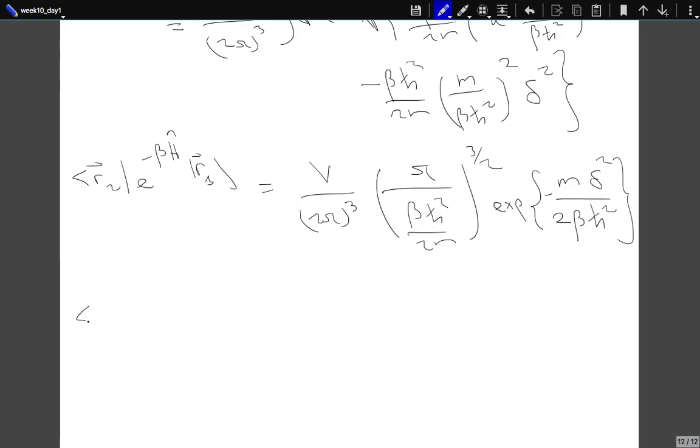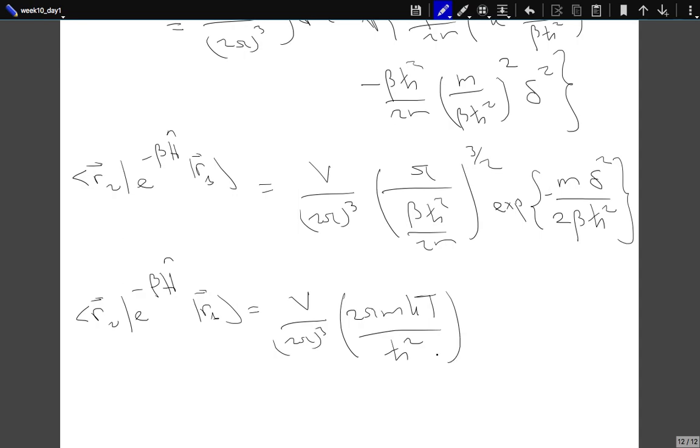So let me just reorganize it slightly. V over (2 pi) cubed, (2 pi m kT over h bar squared) to the power 3/2, exponential of minus m kT over 2 h bar squared, (R2 minus R1) squared.